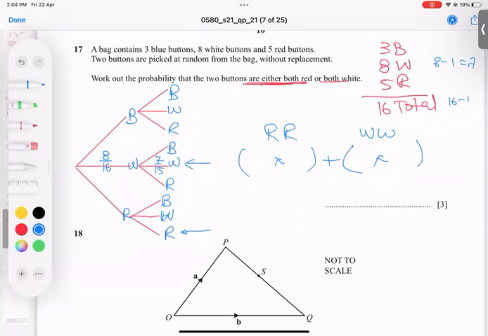And similarly, what is the chance of red? Red is 5 over 16. I'm writing here 5 over 16. And now one reduces here and one reduces here. So naturally, 5 minus 1 becomes 4. So here 4 out of 15. Now I'm writing 8 out of 16, 7 out of 15, 5 out of 16, and 4 out of 15.